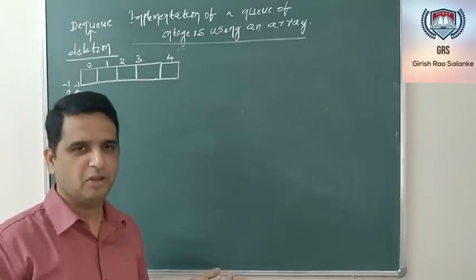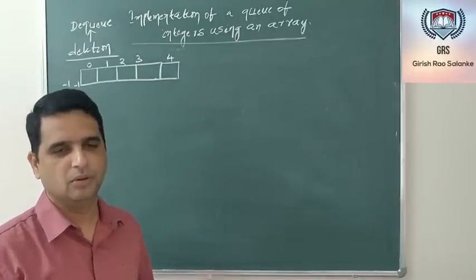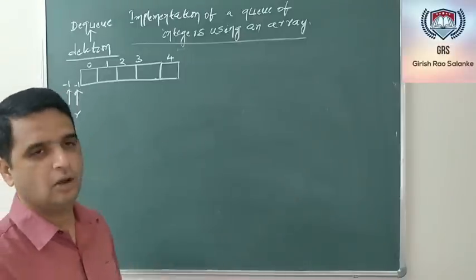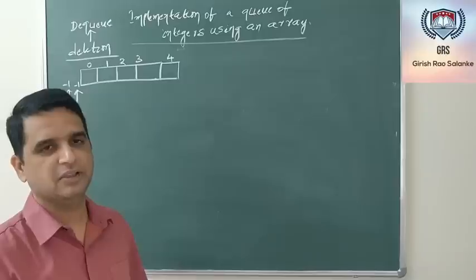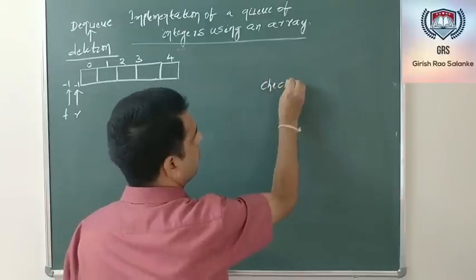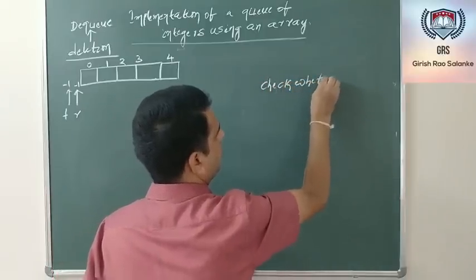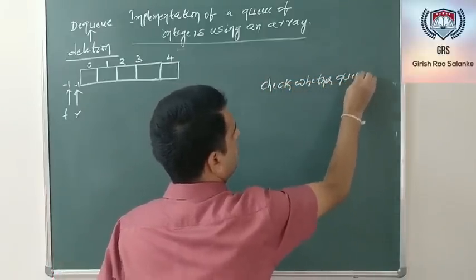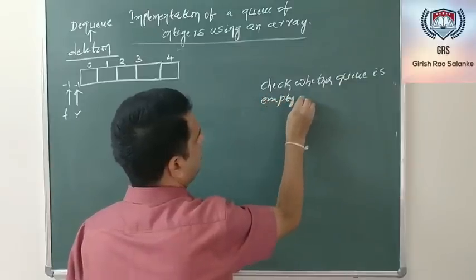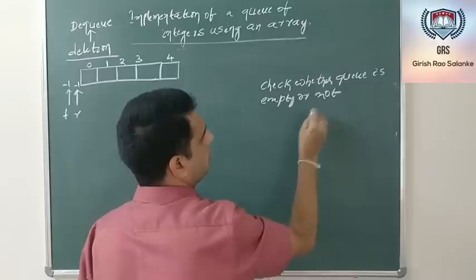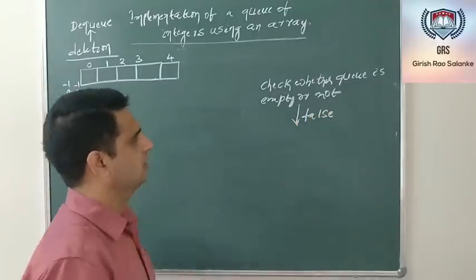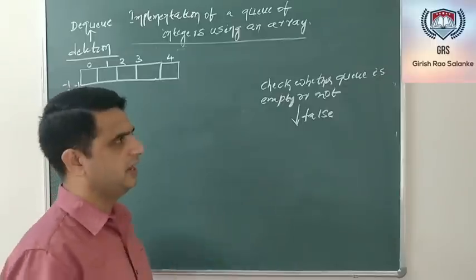On an empty queue, is it possible to perform a deletion operation? No. So first and foremost thing, before performing the deletion operation, we need to check whether queue is empty or not. If this is false, then only we can go for the deletion operation.